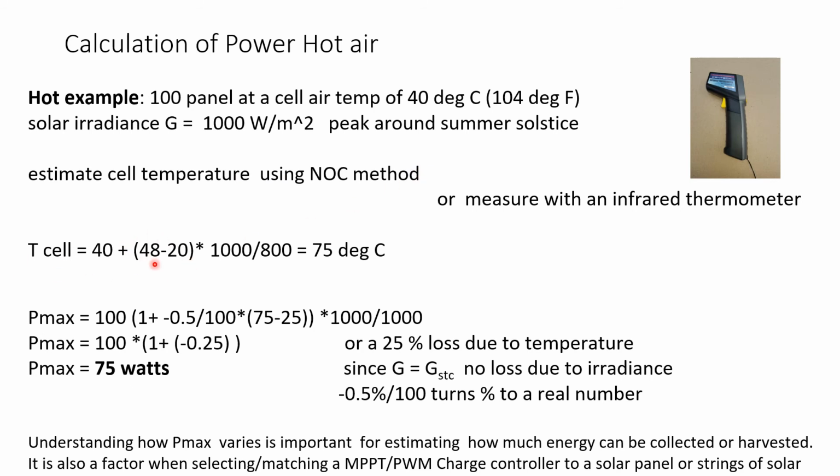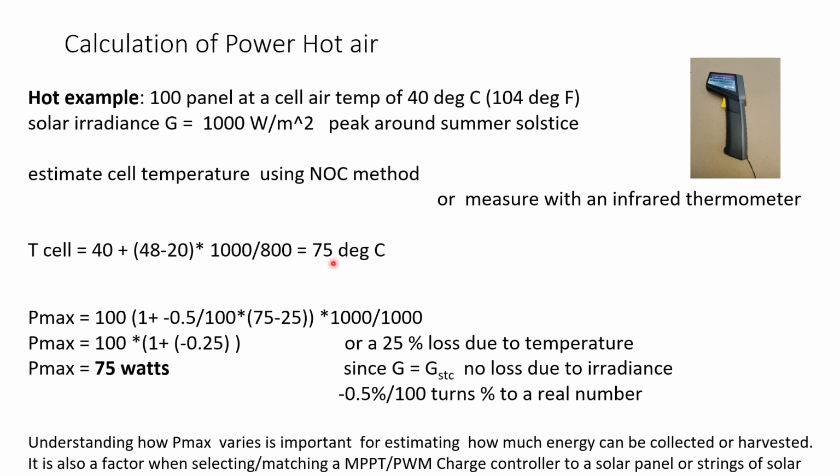And if we recall on the very first slide, there was a nominal operating temperature of 48 degrees on the label. And we use this is the air temperature, the nominal operating temperature. And for some reason, the NOCT method uses a reference temperature of 800 watts per meter squared.